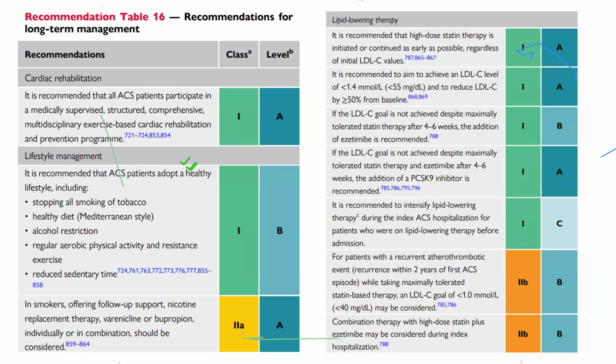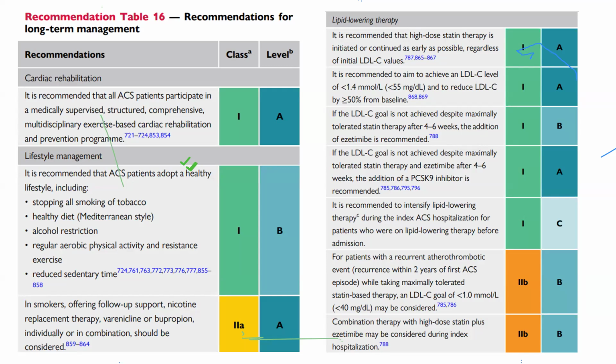If the LDL goal is not achieved despite maximum tolerated statins after 4 to 6 weeks, the addition of ezetimibe is recommended. Some guidelines have said 4 to 12 weeks; this one says 4 to 6 weeks. If they've not achieved the targets at the maximum tolerated dose, you add on.